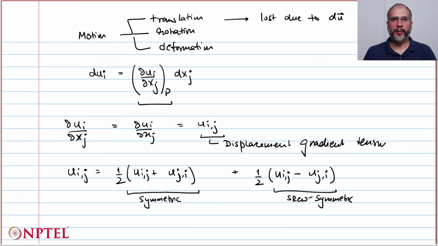And the symmetric part we already have discussed, that's the epsilon_ij, which is the infinitesimal strain tensor. And this skew symmetric part is something that we'll discuss today, and that is denoted by omega_ij, which, as you may have guessed, is called the rotation tensor. Or to be more specific, it's called the infinitesimal rotation tensor.